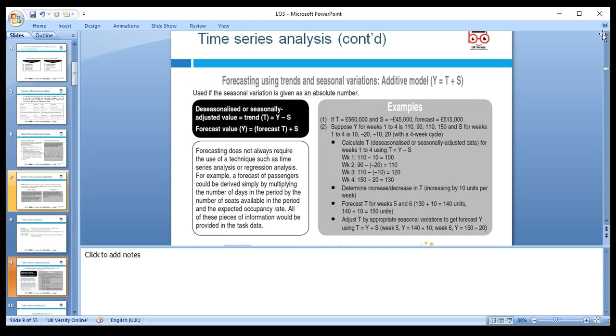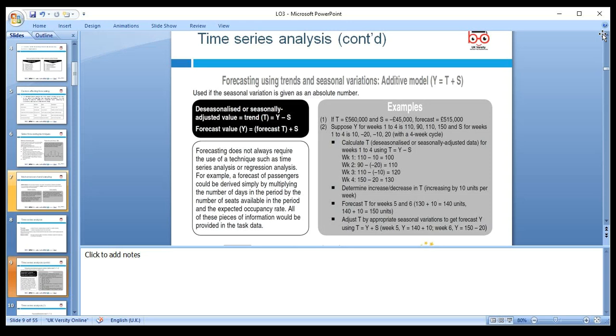You will see there 110, then it becomes 90, so the difference is 20. Between 90 and 110 there is an increase by 20, and then 110 to 150 there is an increase as well, with a 4-week cycle.